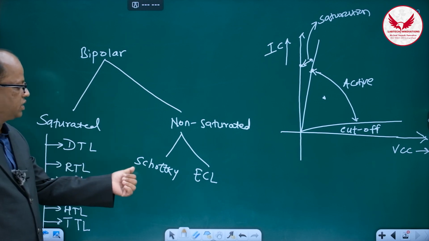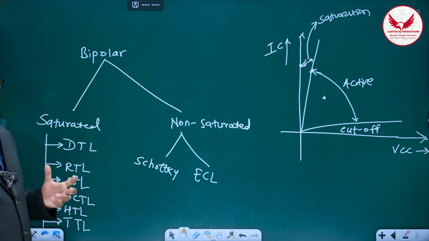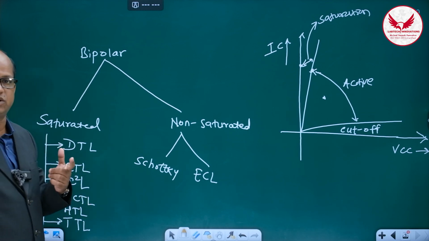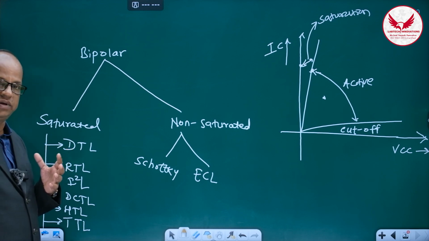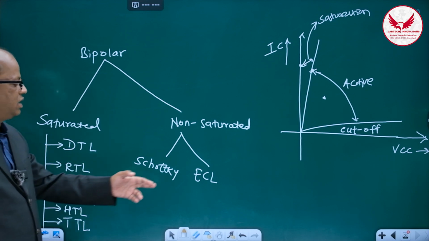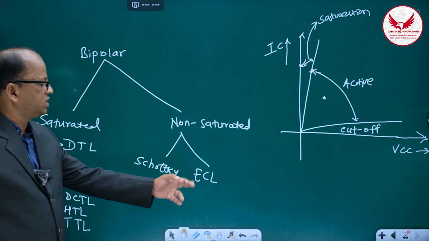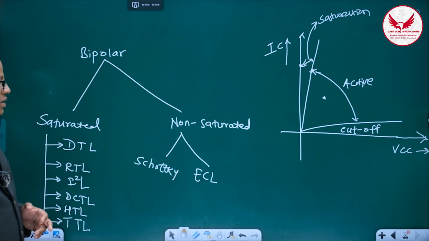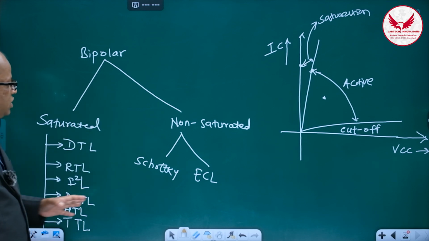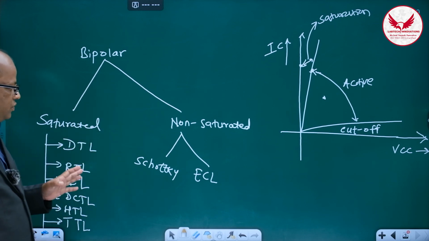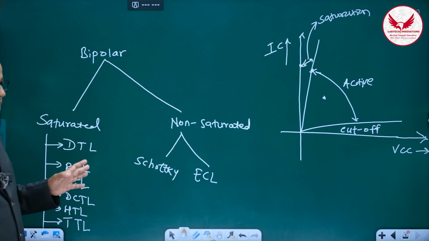Schottky diodes are used between the base and collector of the transistor, and transistors are not forced into deep saturation. And emitter coupled logic is also another category for the non-saturated. So these are the bipolar kinds of logic family in digital IC.